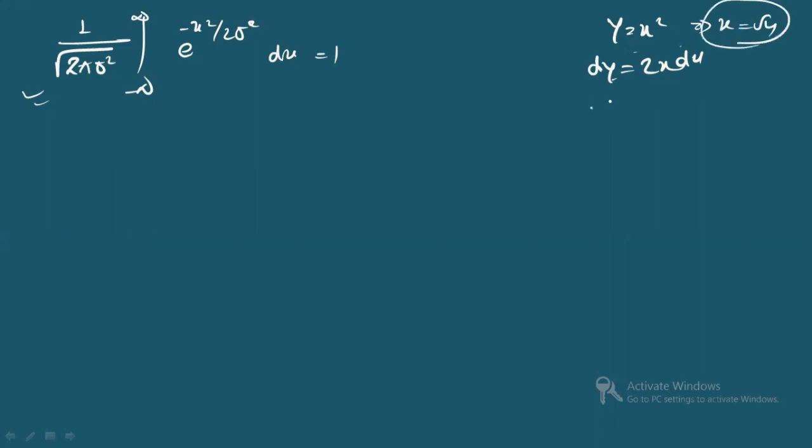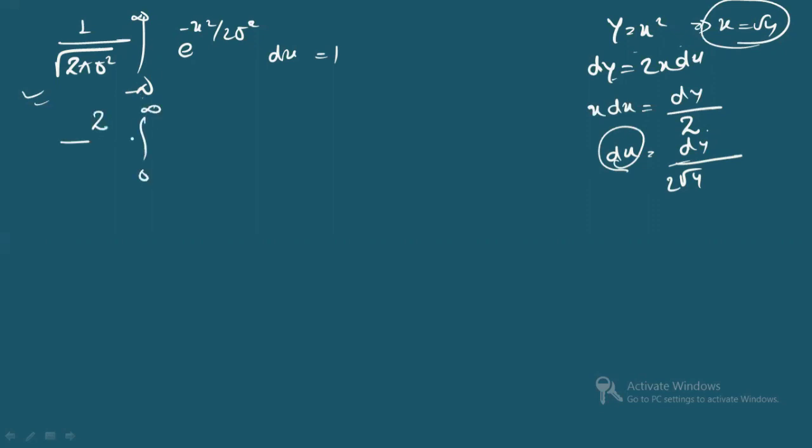So x dx equals dy by 2, and I can write dx equals dy by 2 root y, because x equals root y. This is the value of dx. We will just substitute here, and we will change the limit from 0 to infinity. So here you will have 1 over root 2 pi sigma square e to the power minus y by 2 sigma square, and this dx will give you dy by 2 root y. This equals 1.